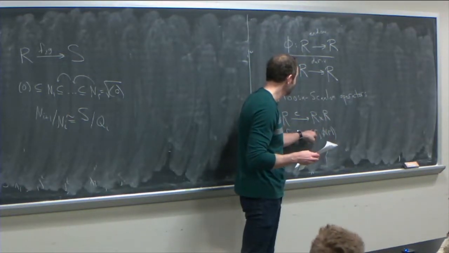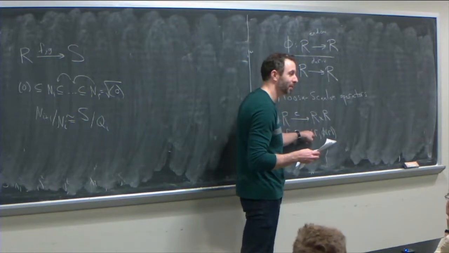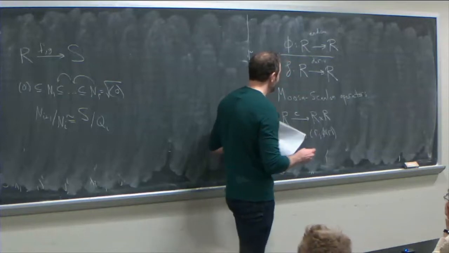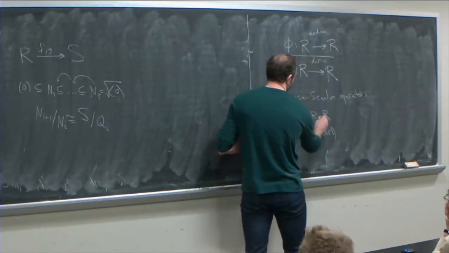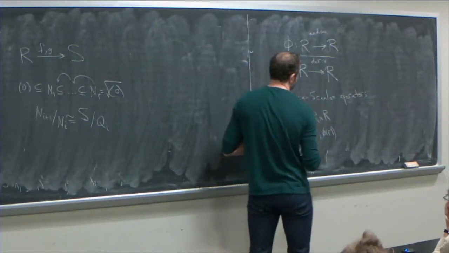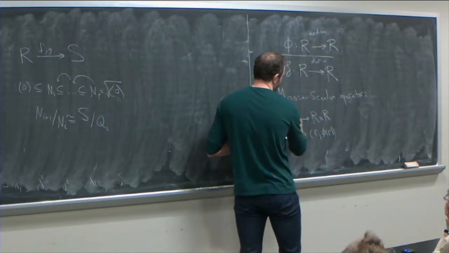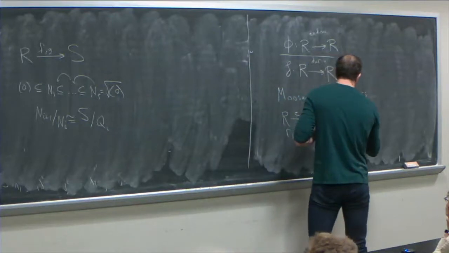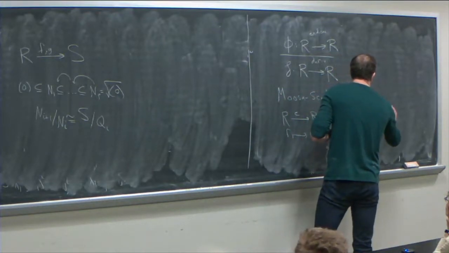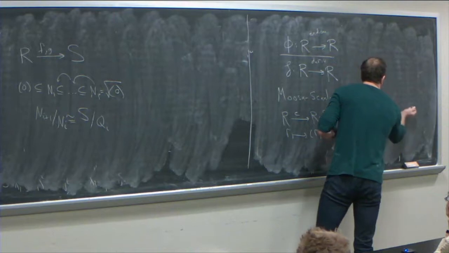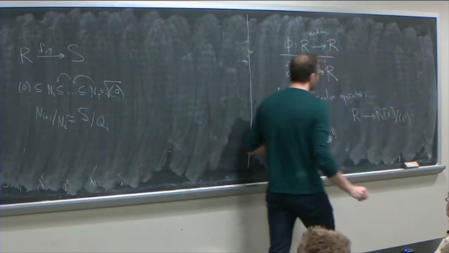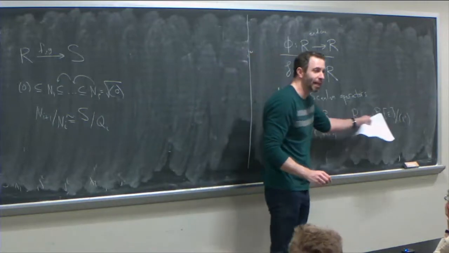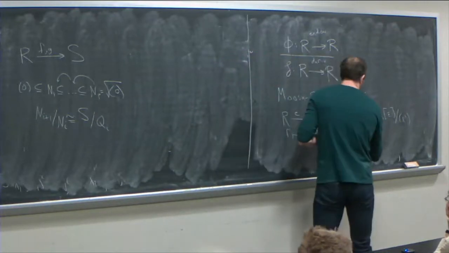R is just the coordinate of (1, 0), and phi of R is the coordinate of (0, 1). So I can see I have an endomorphism from R to R cross R, and that's capturing this. Of course, you might ask, why don't I just do R to R? Derivation, we sort of saw what was going on. We said if we have a derivation, we can encode that as an endomorphism by sending R.